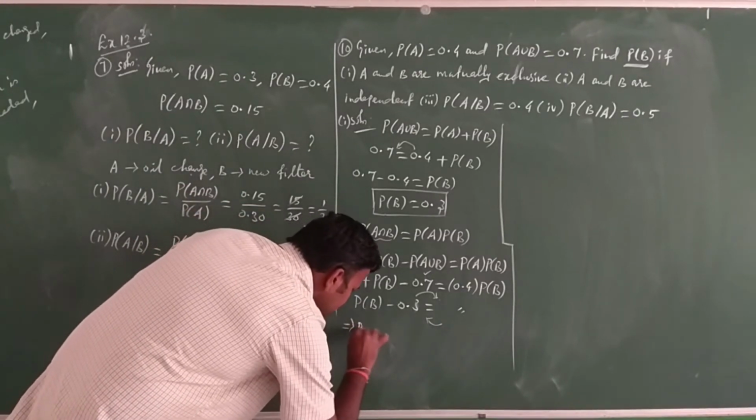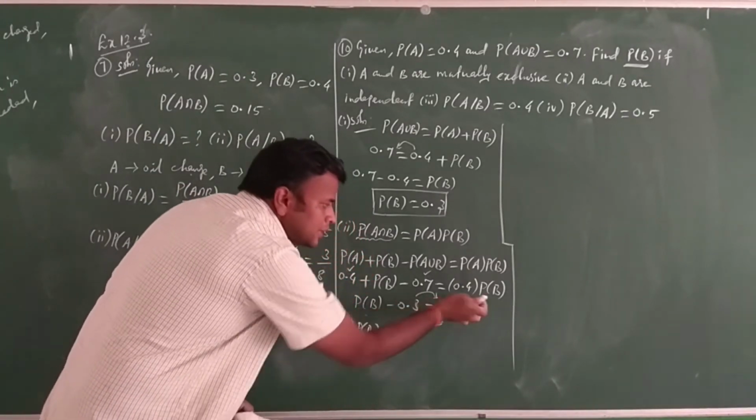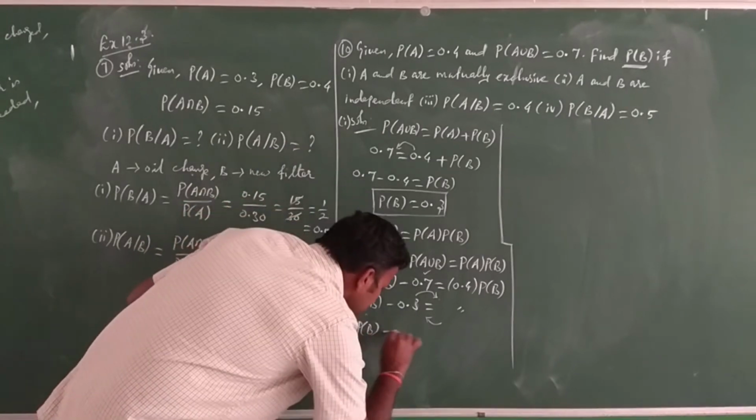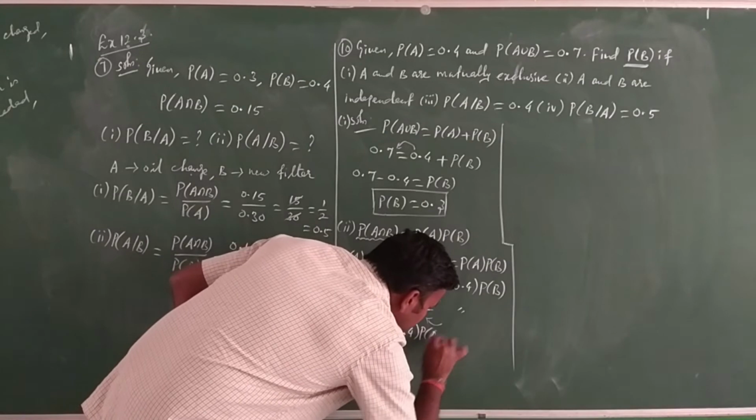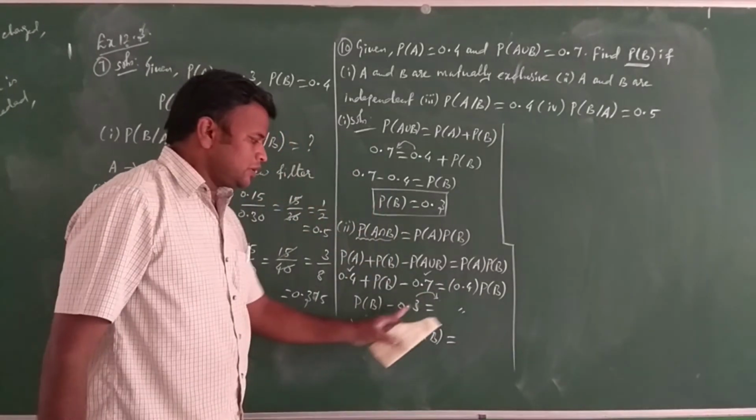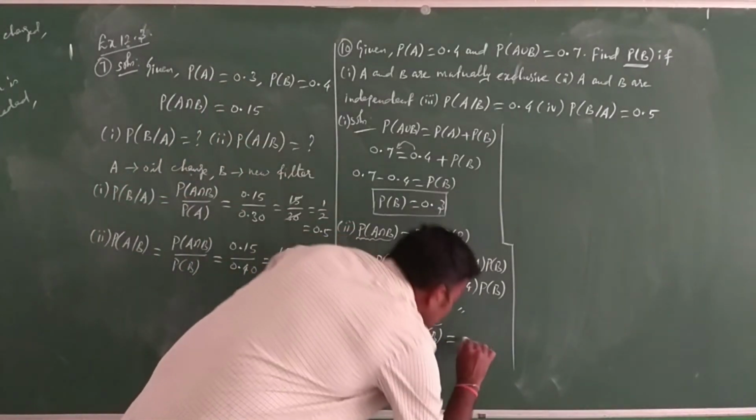So P of B already there, the plus term becomes minus 0.4 P of B, equal to minus 0.3 becomes plus 0.3.